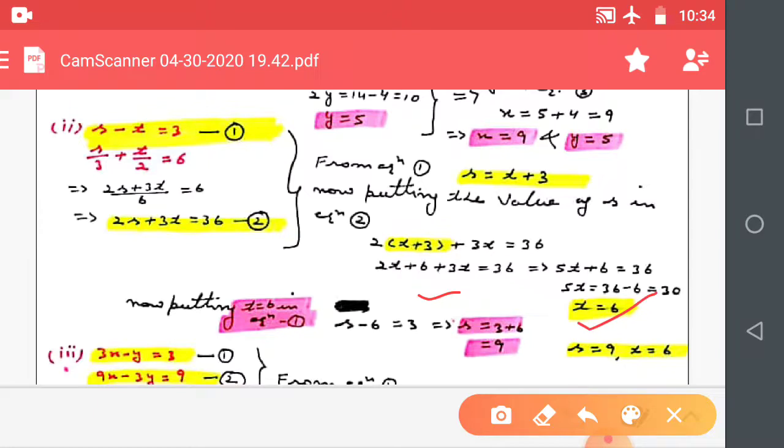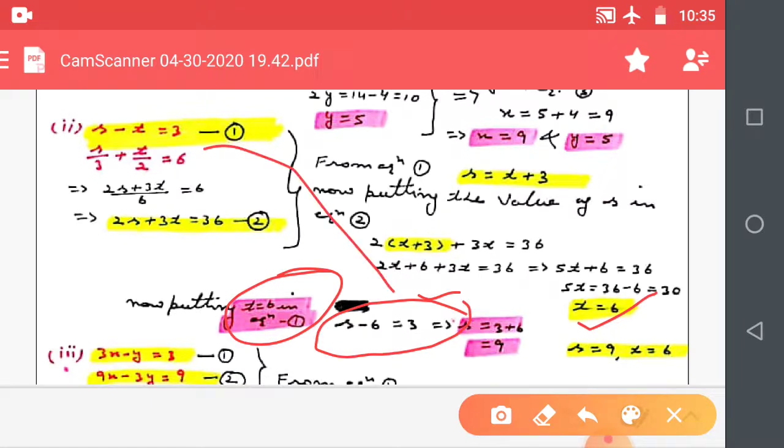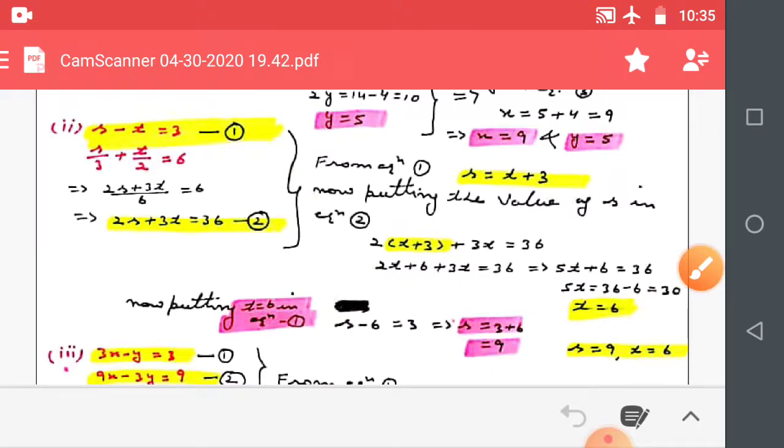Now on putting this value of t in equation 1, s - 6 = 3 and the value of s is 9. So we have s as 9 and t as 6 by substitution method.